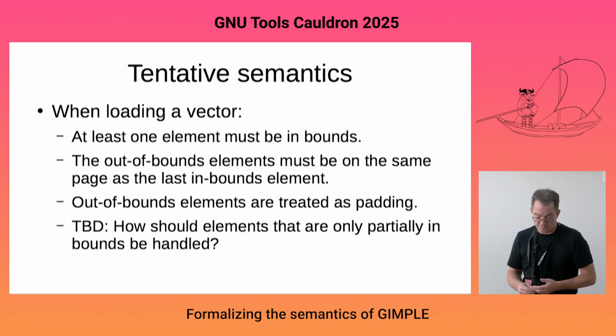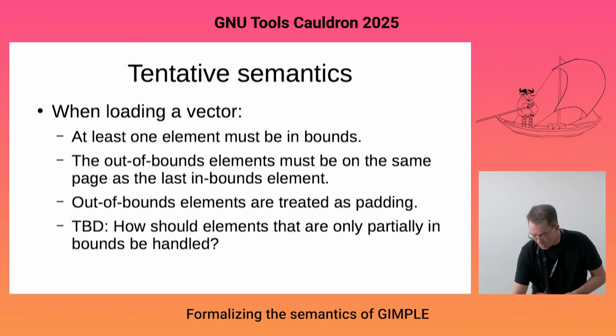We can update the bit field ref in the same way: if the full element it extracts from is within bounds, then the extra bits may also be these padding kind of bits. There are some open questions about how we should handle elements that are only partially in bounds, but we can skip that for now.